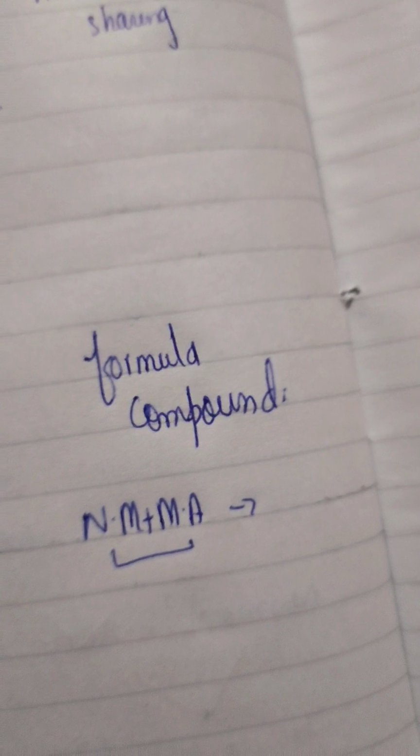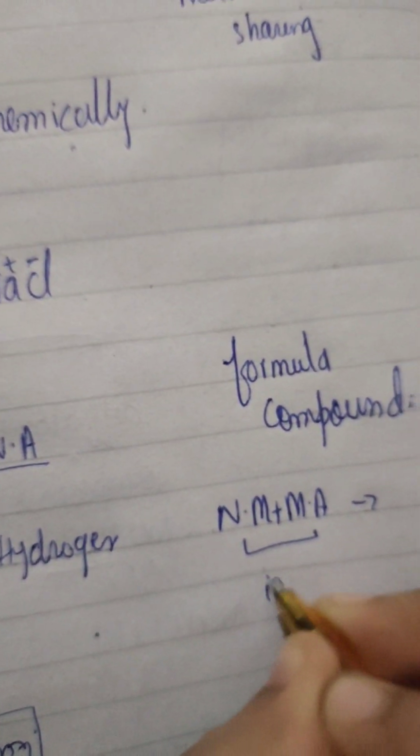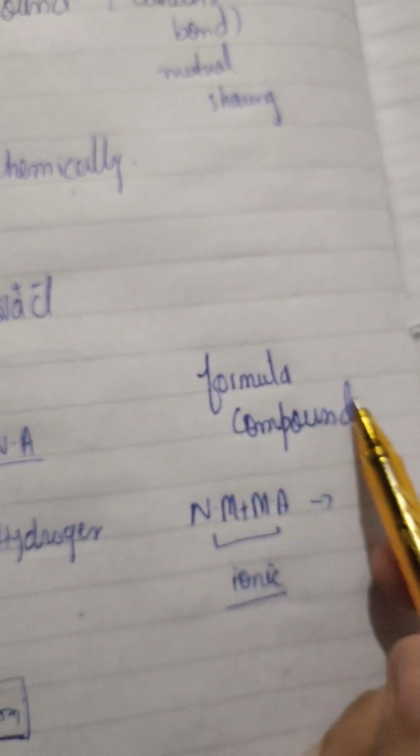A formula compound is made up of a non-metal plus a metal atom, joined by an ionic bond. When they have ionic bonding, they are known as a formula compound.